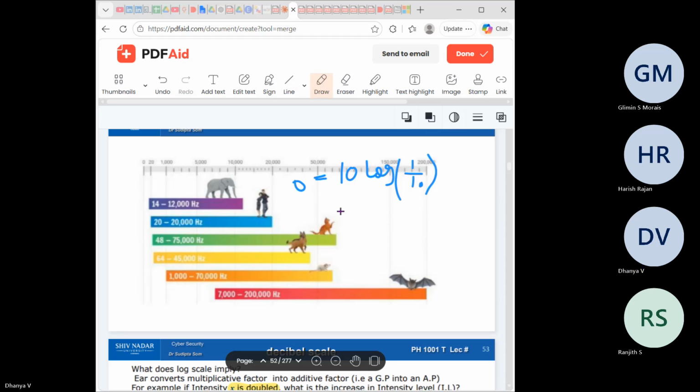So then I by I naught will be essentially 1. And then if you rearrange, it will be I is equal to I naught. But what is I naught? Your lowest threshold, I naught, is 10 to the power minus 12. Don't forget your SI units, watt per meter square.